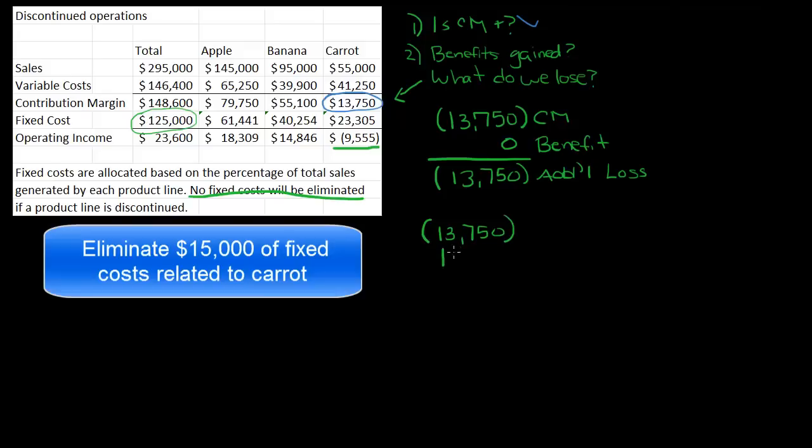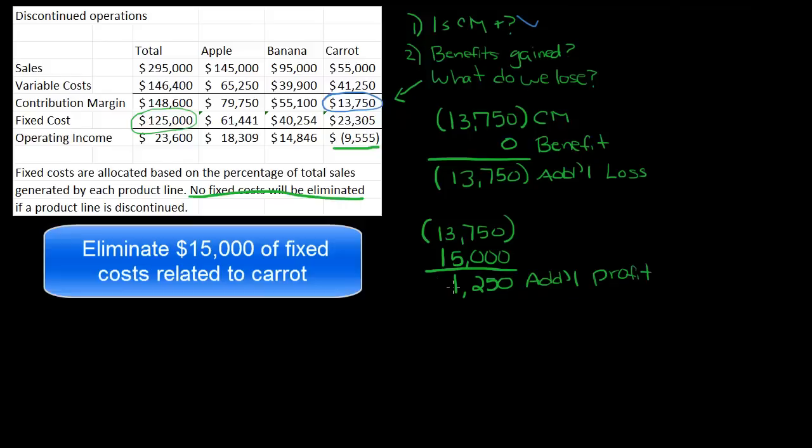So in this case, my benefit is $15,000. So if I compare these two numbers, that's $1,250 in additional profit. Well, that sounds pretty good.